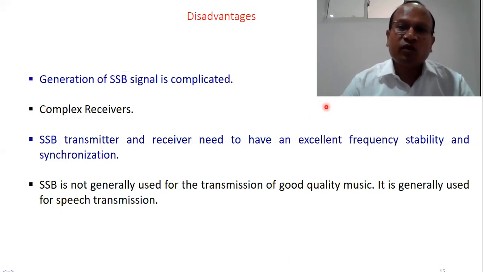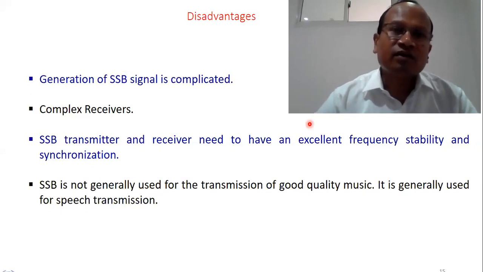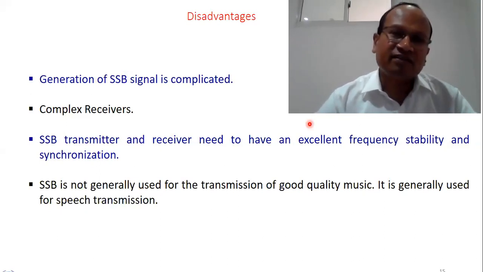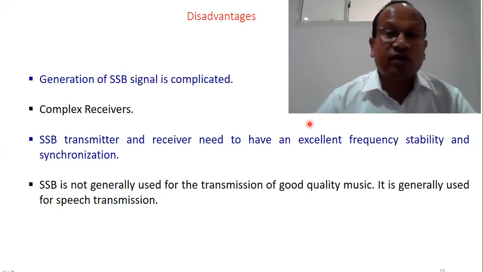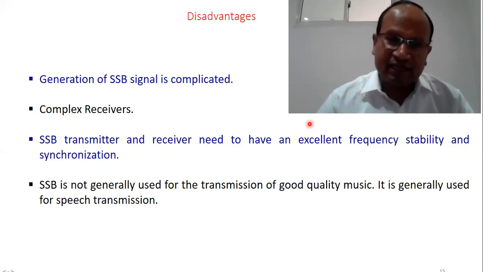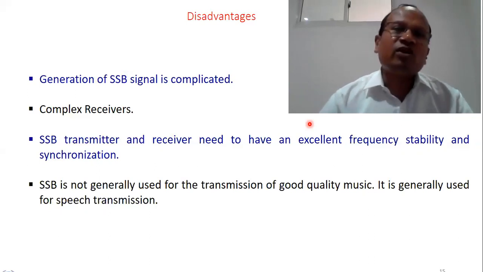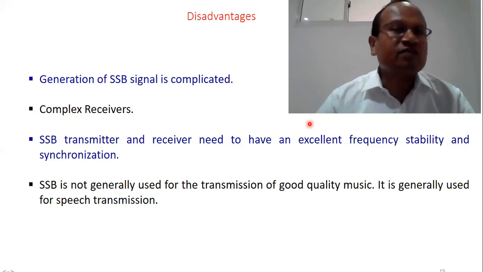When we want very good recovery of the message signal at the receiver, we need to use the same carrier frequency, and that's very difficult. To generate the exact or precise value of carrier frequency at the receiver is very difficult.